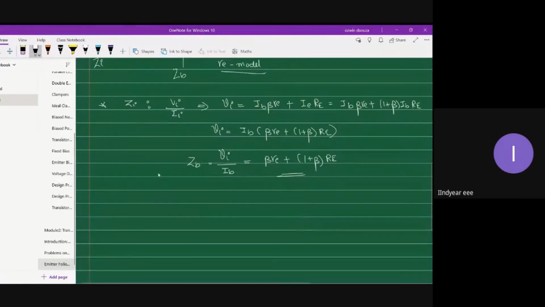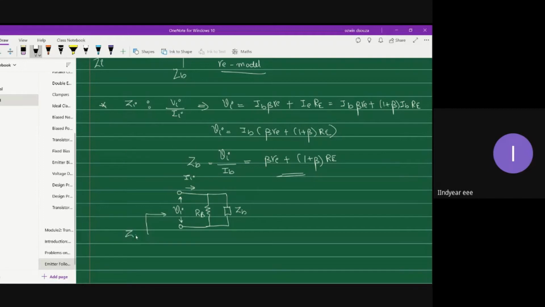Once ZB is found, you can say that the overall input impedance ZI is the parallel combination of RB and ZB. This is my VI, this is my II, and this is what I am interested in, ZI. So ZI is going to be the parallel combination of RB and ZB. That's my input impedance.